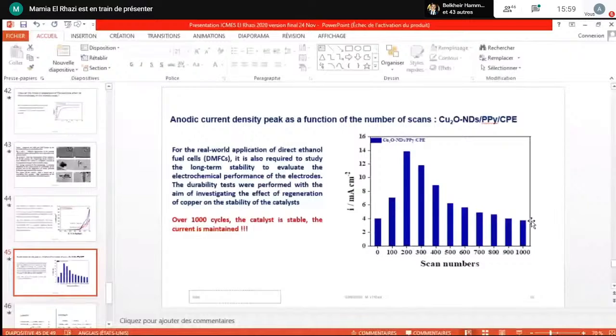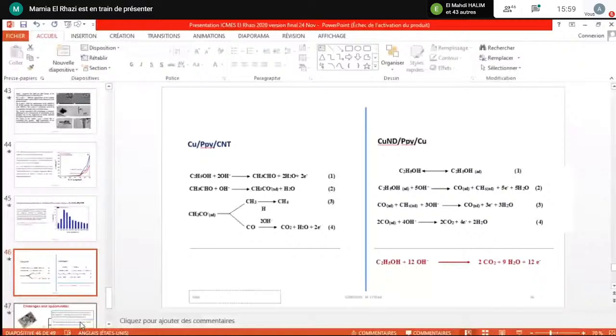And we can simply propose this mechanism on both electrodes, on the copper polymer carbon-based electrode, we can suggest this kind of reaction. And on the copper nanodendrite polymer and copper, we can suggest that we have the complete oxidation of ethanol to CO2.